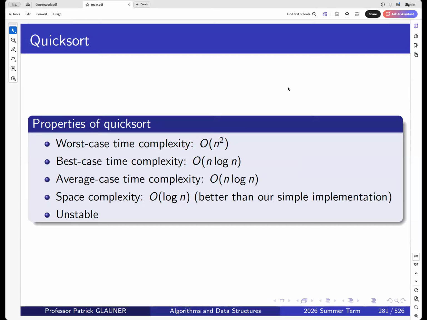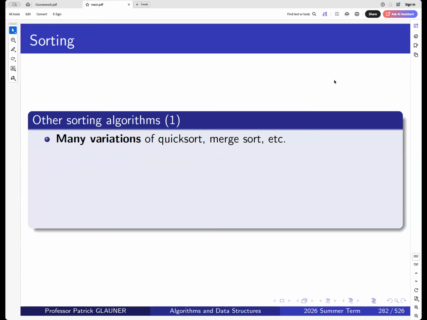And in practice, quicksort runs faster than merge sort, even though the average case is O of n log n, and in merge sort it's O of n log n. In practice, a well-tuned quicksort would outperform a well-tuned merge sort. There have been a lot of studies about that. One problem with quicksort is that it's unstable, but here comes an addition.